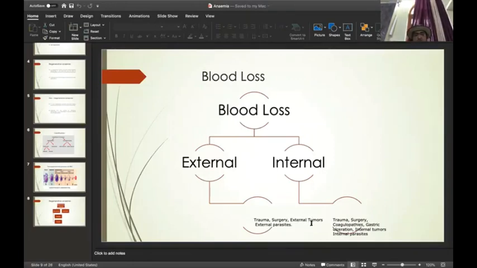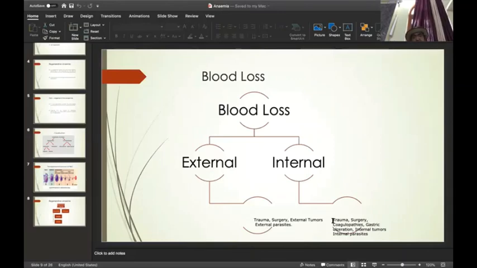And some of the external parasites that we were talking about may lead to external loss. So the trauma, the surgery, the external tumor, and some external parasites are responsible for the external loss of blood.